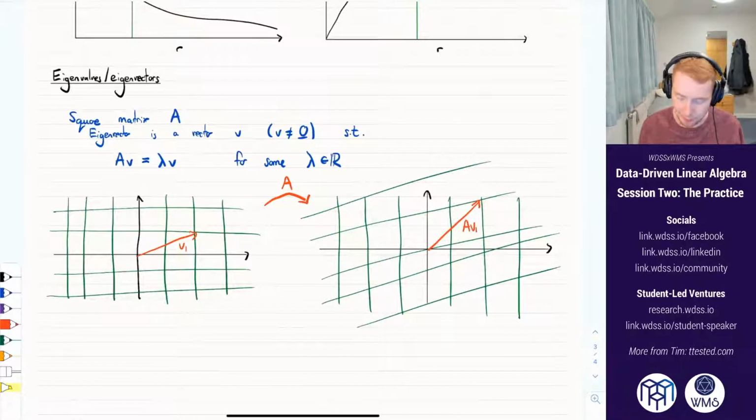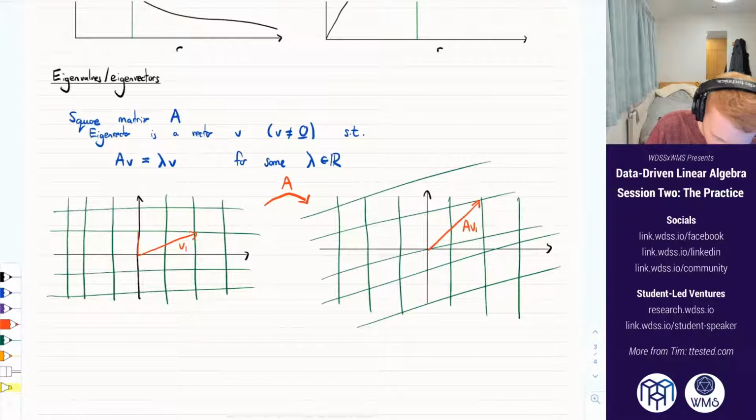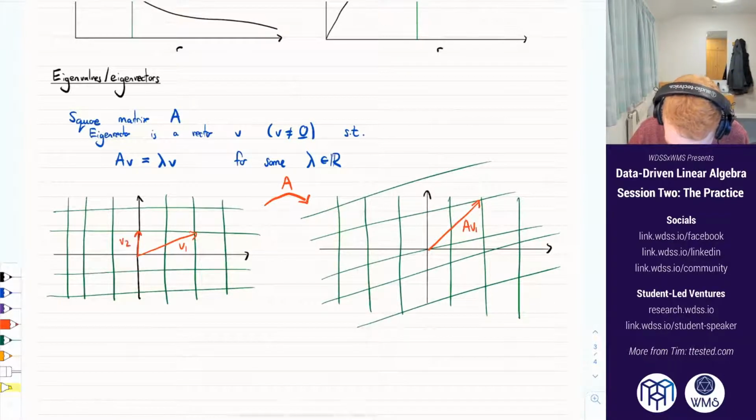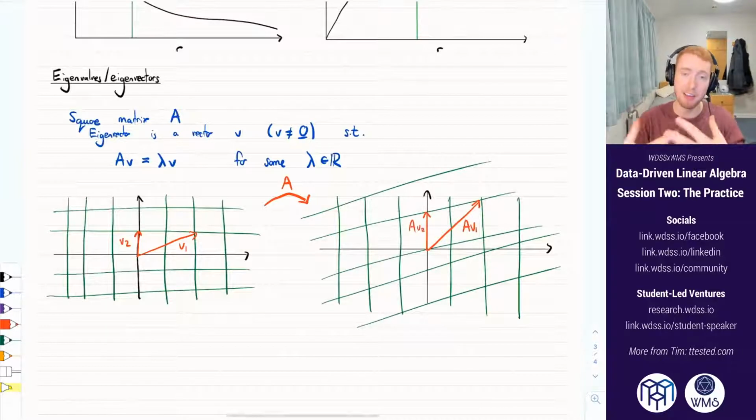And we can see here that this is not a multiple of the original. When it's a multiple, it points in the same direction. It could be longer, it could be shorter, but it points in the same direction. That's not the case here. But if we take a vector v2 and map it across to here, this is AV2, we can see these point in the same direction.